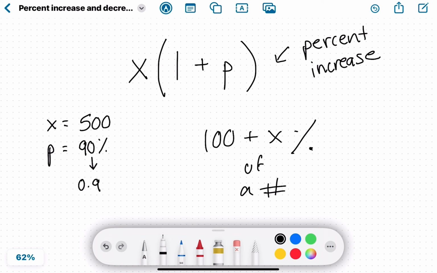And also when you're increasing, let's say you want to increase by 200%. You would do 1 plus 2 and multiply x by 3. So increasing by 200% is not doubling it. It's tripling it. And increasing by 100% would be doubling it.